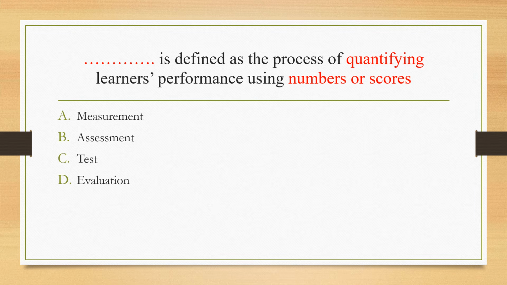For example, if a child scores 5/10, or 1/2, or 50%, or 30%, 90%, you are quantifying the learner's performance, and therefore we are going for measurement. So these are the keywords that help you know the answer. Okay, the next question.